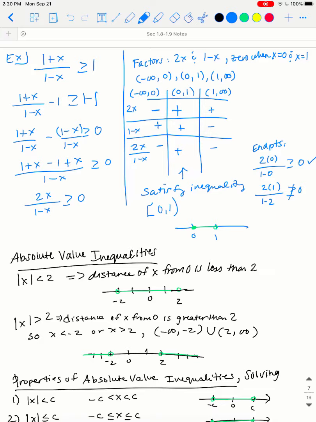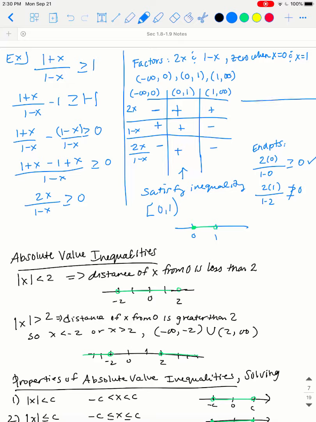So I have 2x over 1 minus x is greater than or equal to 0. So our factors are 2x and 1 over 1 minus x. So our fraction is 0 when x equals 0, and undefined when x equals 1. So we're going to split up our intervals.